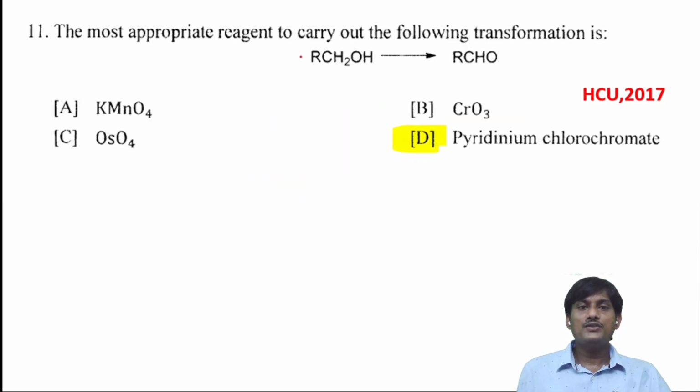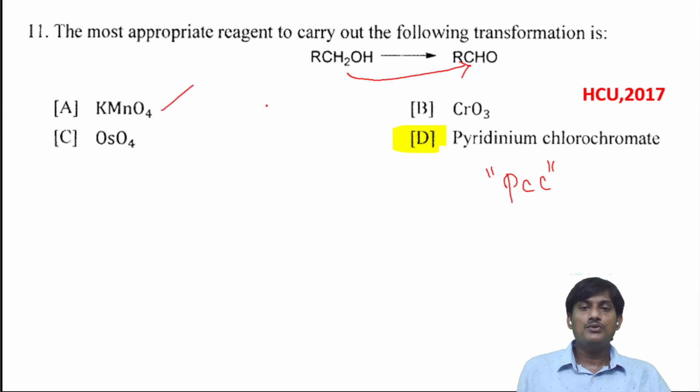The most appropriate reagent to carry out the following transformation is. Here there is a partial oxidation of alcohols into aldehyde. For partial oxidation of alcohols into aldehyde, we have to use pyridinium chlorochromate. This is PCC. This is a reagent which is used for the partial oxidation of alcohols into aldehydes.